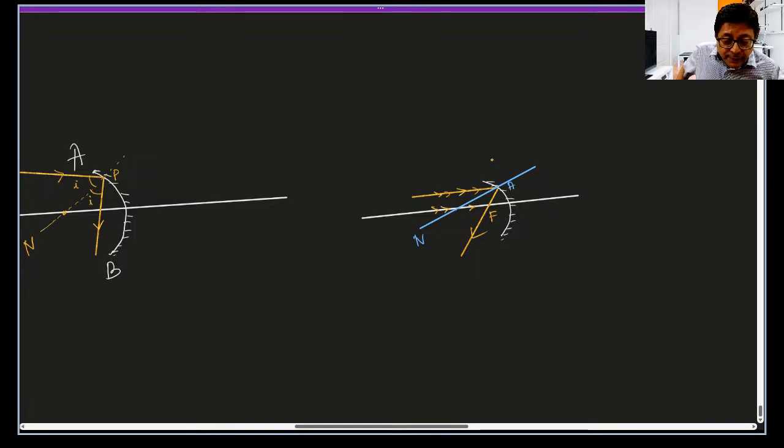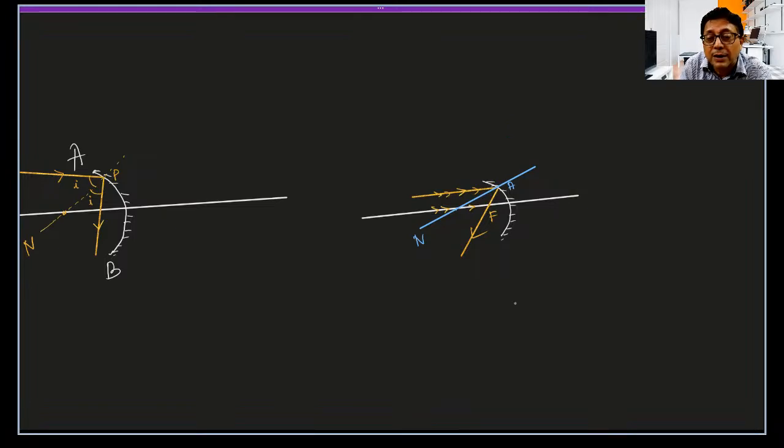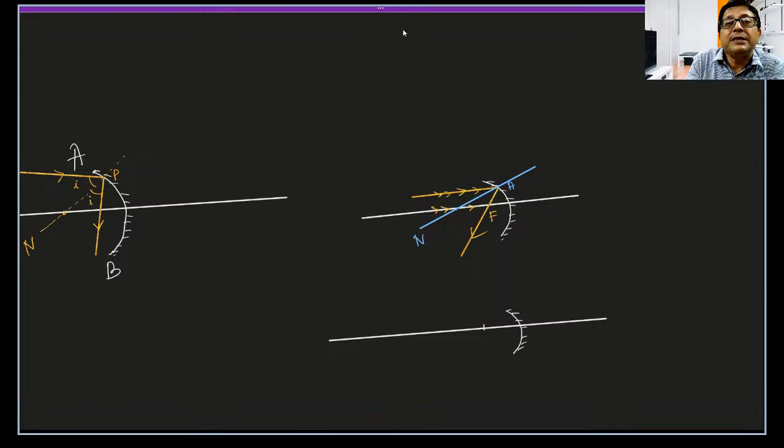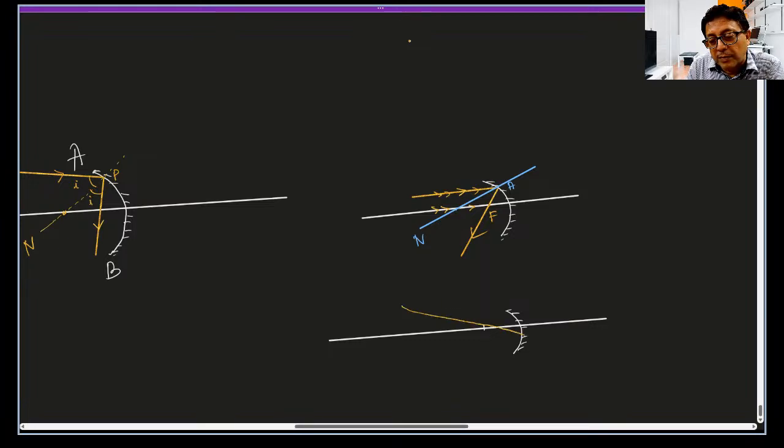Now the question arises, if we send a ray through the focus, then how does it move? This is the focus here, we are sending a ray through the focus.